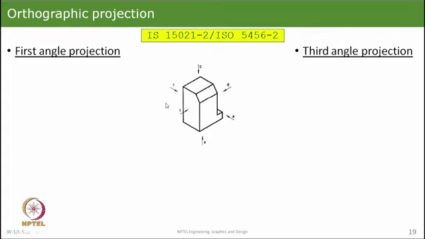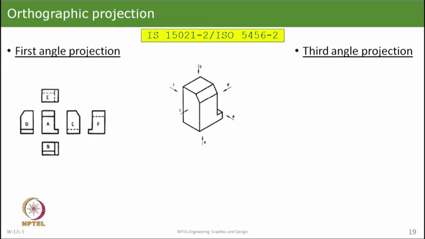So, there are two basic techniques called first angle projection and third angle projection. Look at first angle projection: what we are doing is making the true view as you would see from different directions. The view that comes from direction A is shown here in the middle as A. What you saw from D is drawn on the left of it.